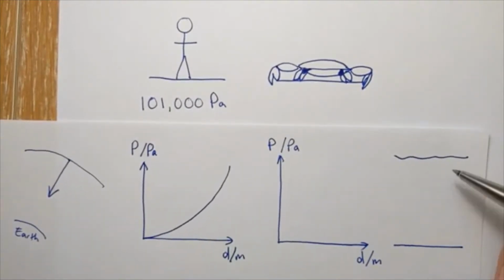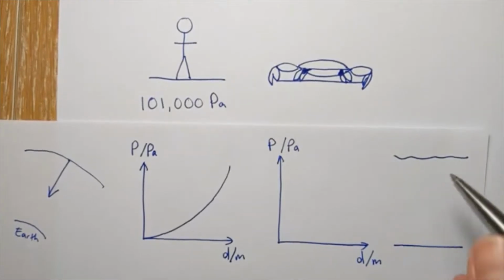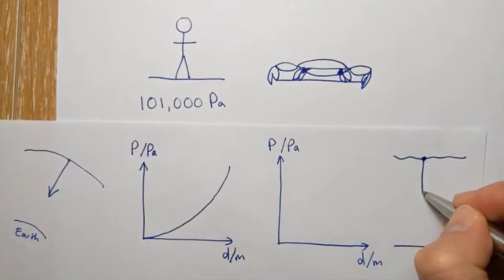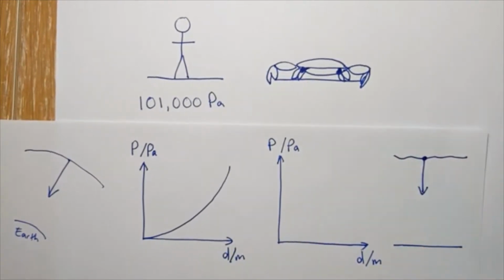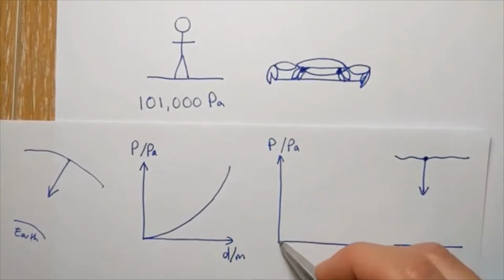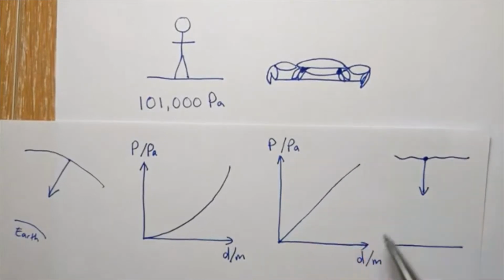Whereas water is incompressible. So if you're at the surface of the sea and then you head down deeper and deeper underwater, the increase in pressure will be directly proportional to the depth that you go. So gases, liquids.